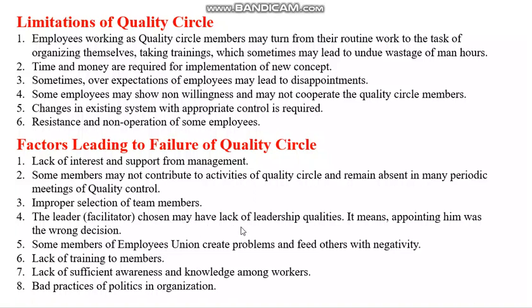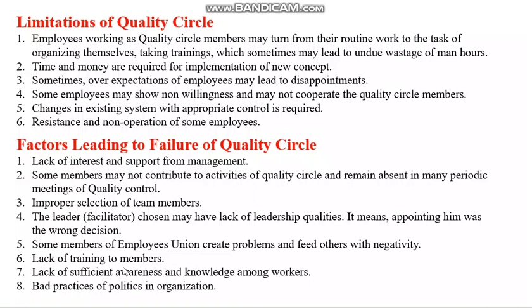The leader or facilitator chosen may not have the leadership qualities. So appointing such a person itself is a wrong decision. Some members of the employees union, sometimes these unions will also create problems. That may be one factor which leads to failure of the quality circle.